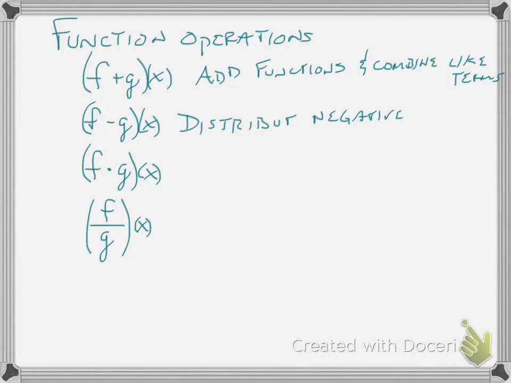Multiplying, you just multiply. Make sure if it's a binomial times a binomial, or if something's squared, you FOIL correctly. And remember that x times x squared is equal to x cubed. When you're dividing one by the other, don't forget your restrictions.